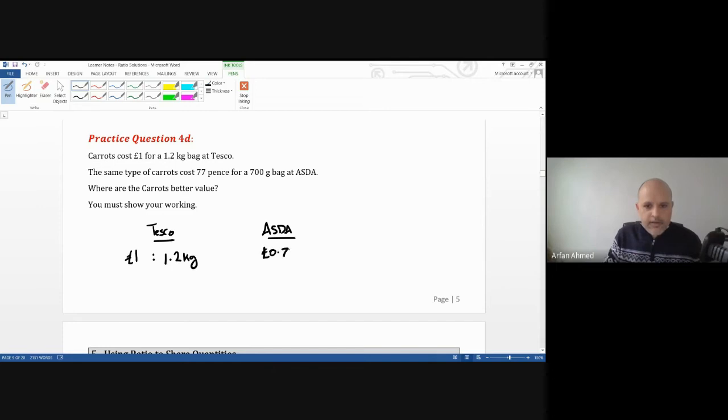Let's write it like this: 77 for 700 grams. Okay, we can't really compare it at the moment because that's £1 per 1.2 kilograms at Tesco, and that's 77 pence for 700 grams. That's in kilograms, that's in grams, so you've got different units here. Let's change that.